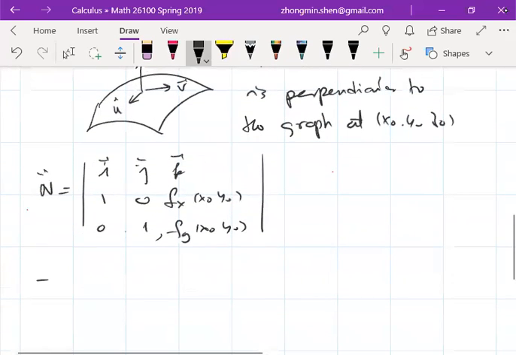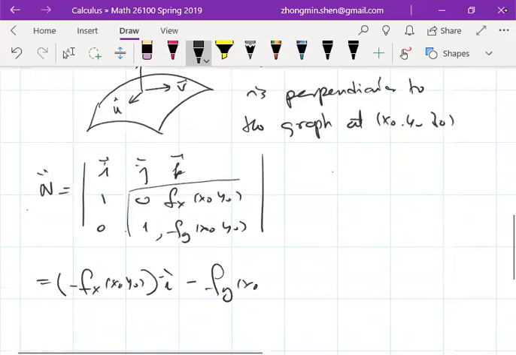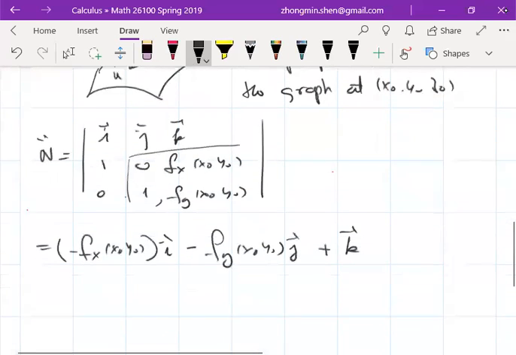For the first term, it is going to be the determinant, and that's going to be negative f_x(x0, y0) i, then minus f_y j, and plus k. So I find this normal vector.